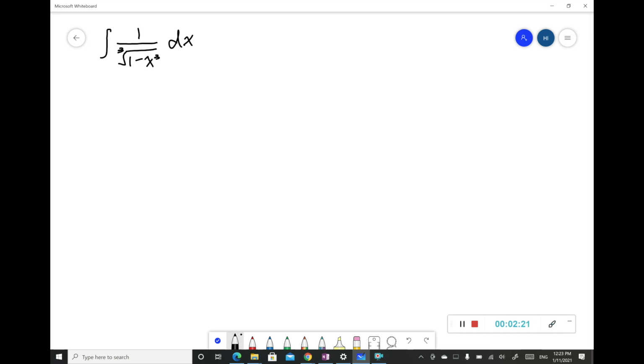So first of all, we could change the form of this function. Change the denominator to negative the radix of 1 over x cubic minus 1 dx.